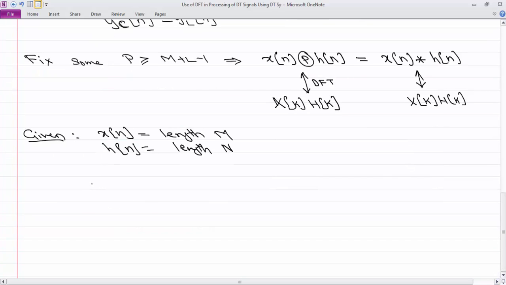The steps are: first, we pick some number p bigger than or equal to m plus n minus 1. In general, you want to pick a number which is a power of 2 and satisfies this inequality, because we talked about how FFT really is the fastest when you have a power of 2 involved in it.